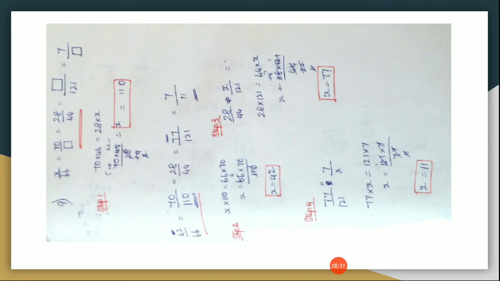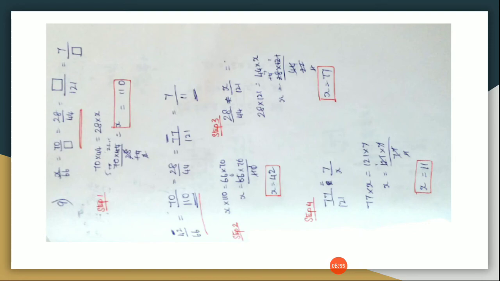For example, I have underlined in red, children. Look at that, 70 by x is equal to 28 by 44. I am taking only these two fractions and I am cross multiplying and finding out the value of x first. And after finding the value of x, now we got the answer, 70 by 110 is equal to 28 by 44.